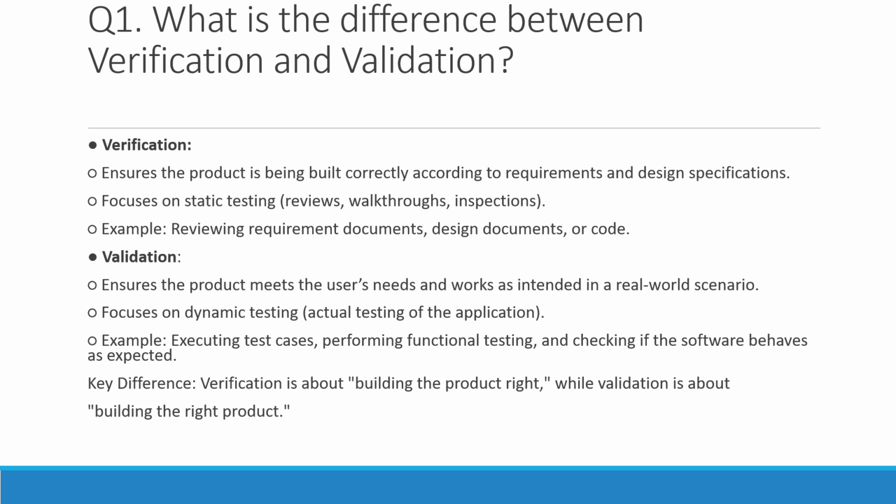The key takeaway is this: verification is about building the product right, while validation is about building the right product. This distinction is critical for interview success, so make sure you understand it well.